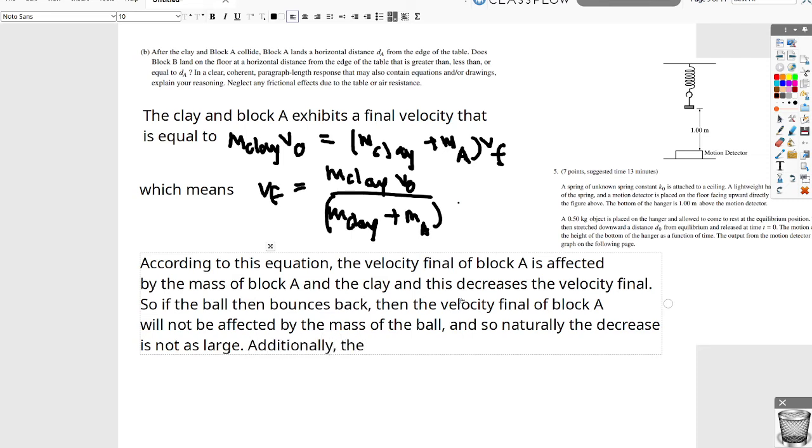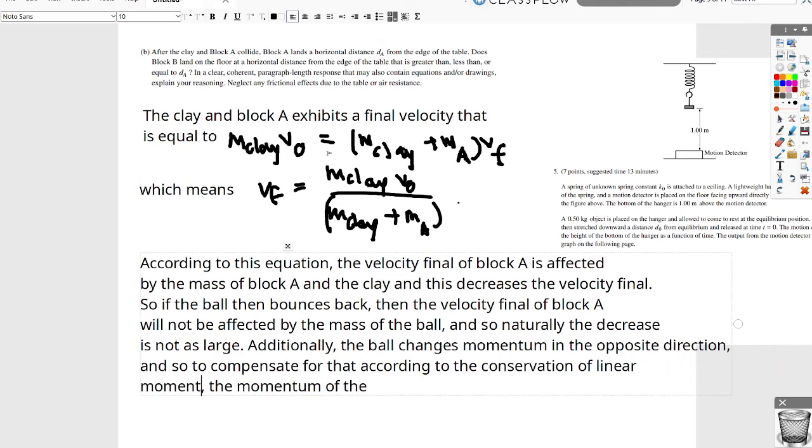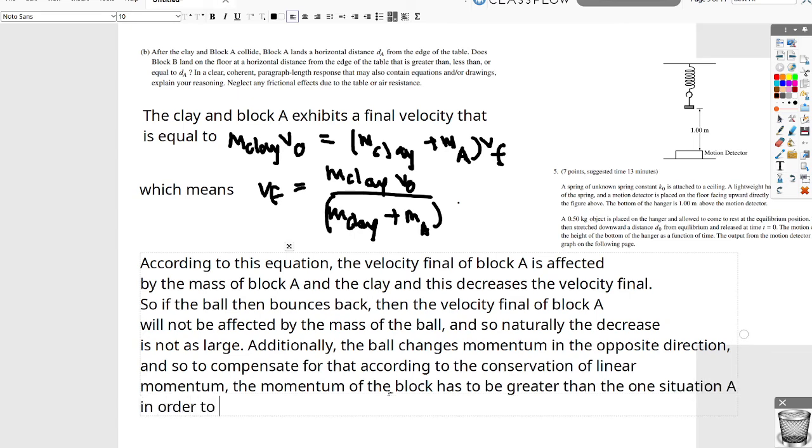Additionally, the ball changes momentum in the opposite direction, and to compensate for that, according to Li equals Lf, or conservation of linear momentum, the momentum of the block has to be greater than the one in situation A in order for the total to be equal to the momentum in situation A.